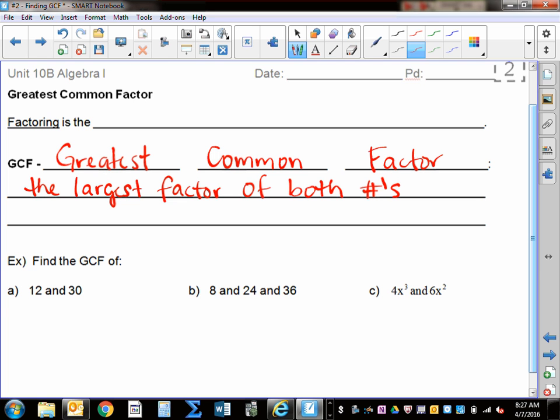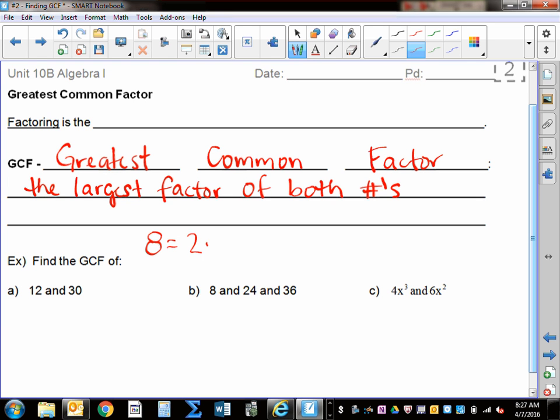And I think, Philip, last time you were explaining to us what a factor is. Does anybody other than Philip remember what it means to be a factor? How about this? What if I asked you to give me factors of 8? What are 2 factors of 8? 4 and 2.